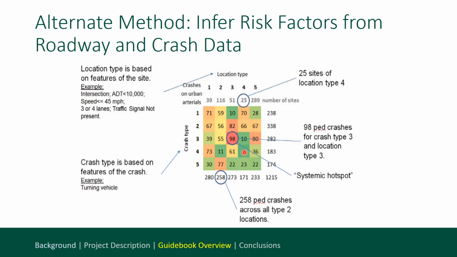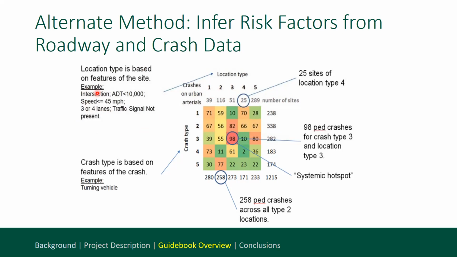This could be something of interest. That could be, okay, it's an intersection type crash, and you can define that based on your own criteria. Each of these location types is based on whether or not it's an intersection, what's the ADT, what's the speed limit, what's the number of lanes, and if a traffic signal is present or not.